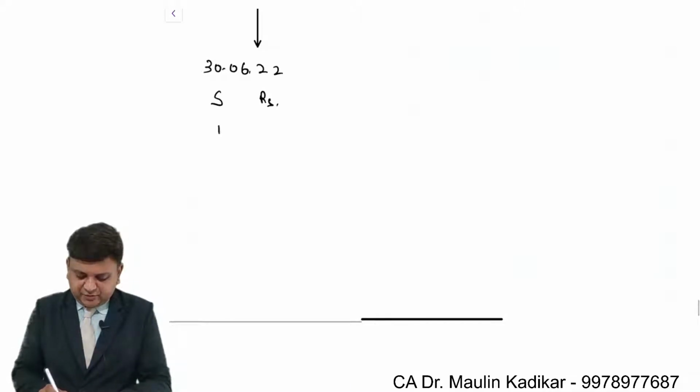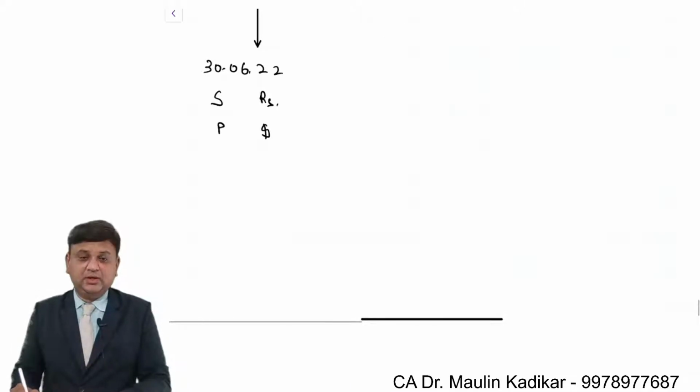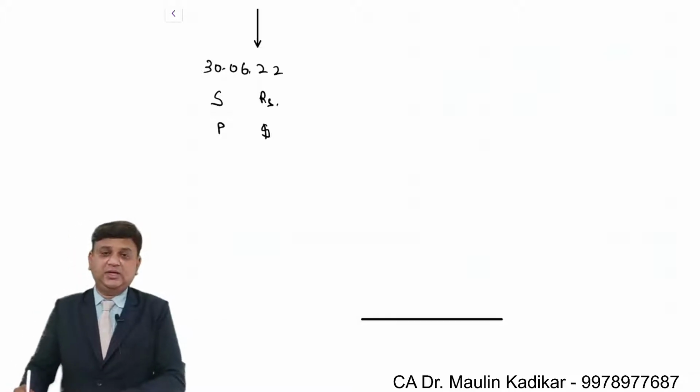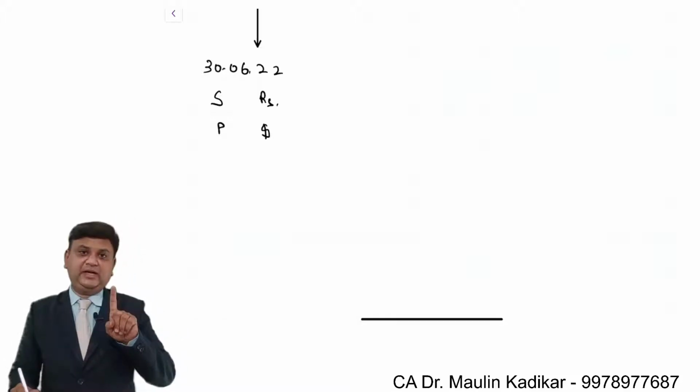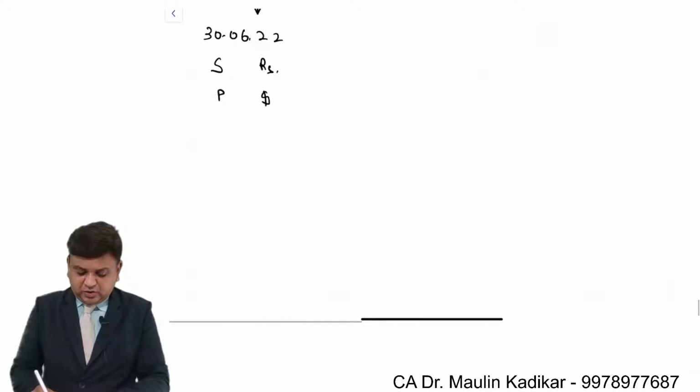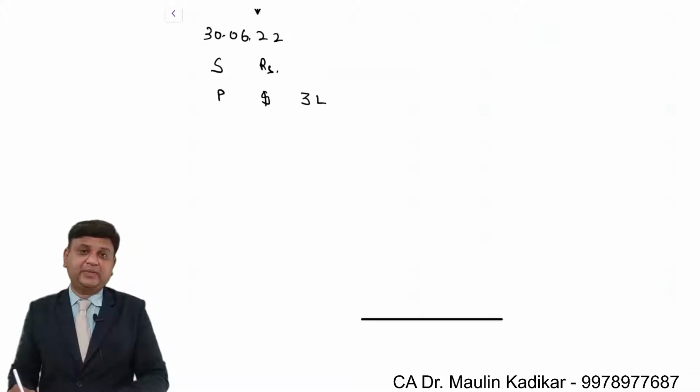It will be sell of rupees and purchase of dollar. And friends, over here, even though you are required to pay only $1 lakh, you will enter into the forward contract for purchasing $3 lakhs. Yes, the entire amount of the repayment of the loan.